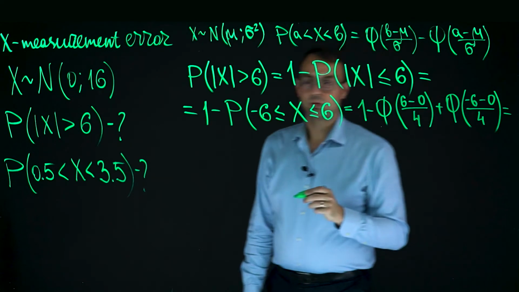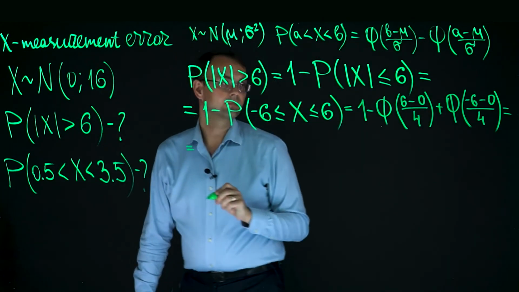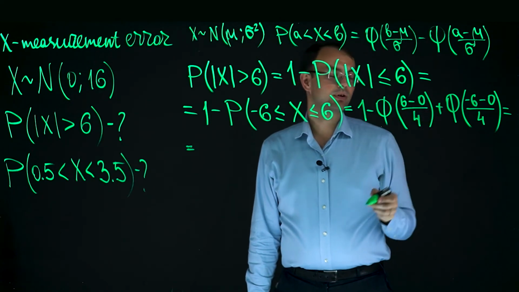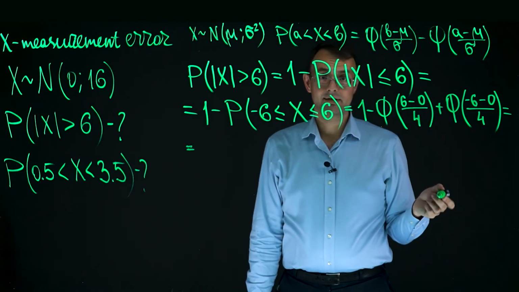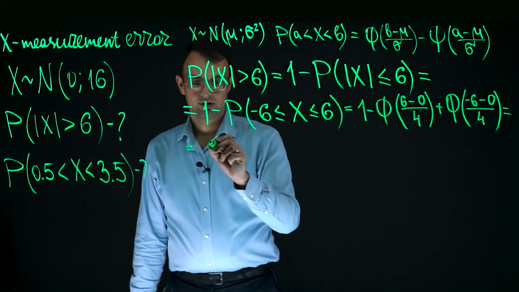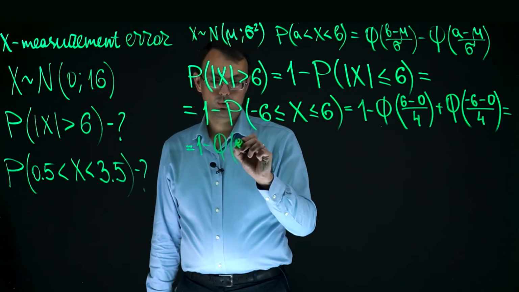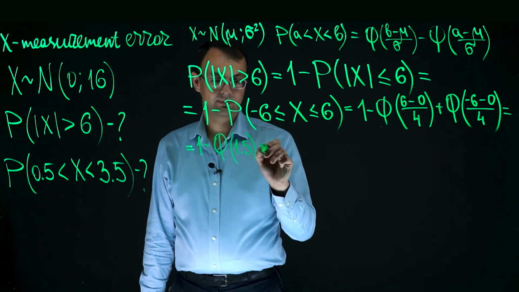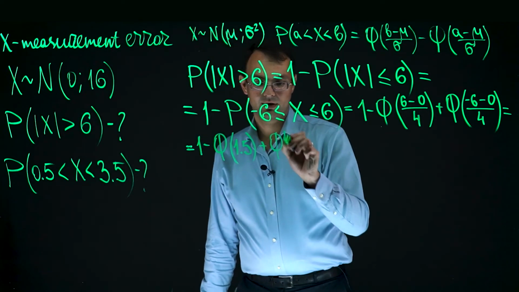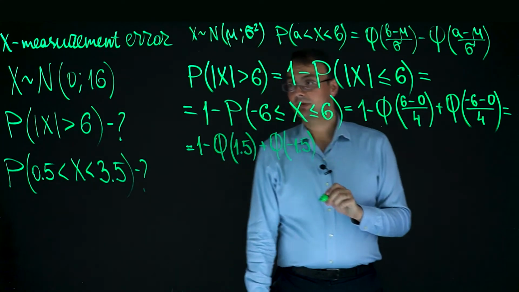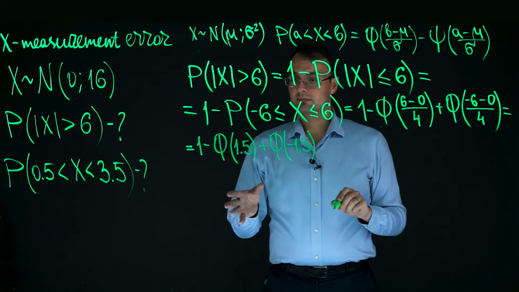Okay, so 6 over 4 is 1.5. So 1 minus phi of 1.5 plus phi of minus 1.5. So now I open the table.